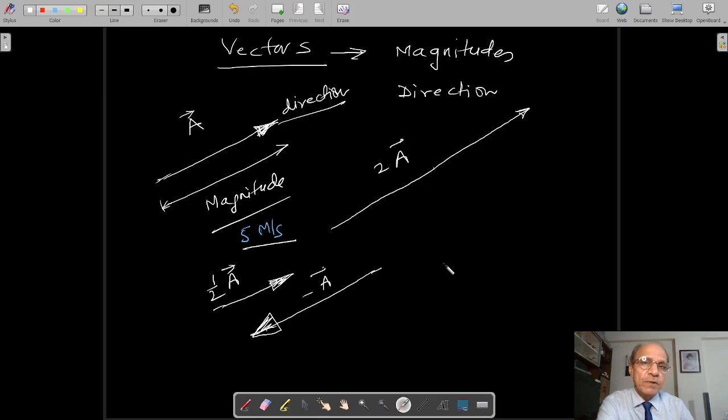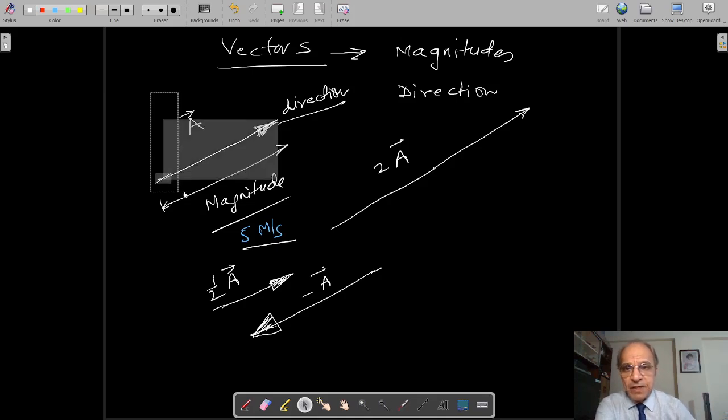Another very important, very useful property of a vector is that we can move a vector from one place to another, and the vector will remain the same as long as its magnitude is the same and its direction is the same, that is, it is parallel.